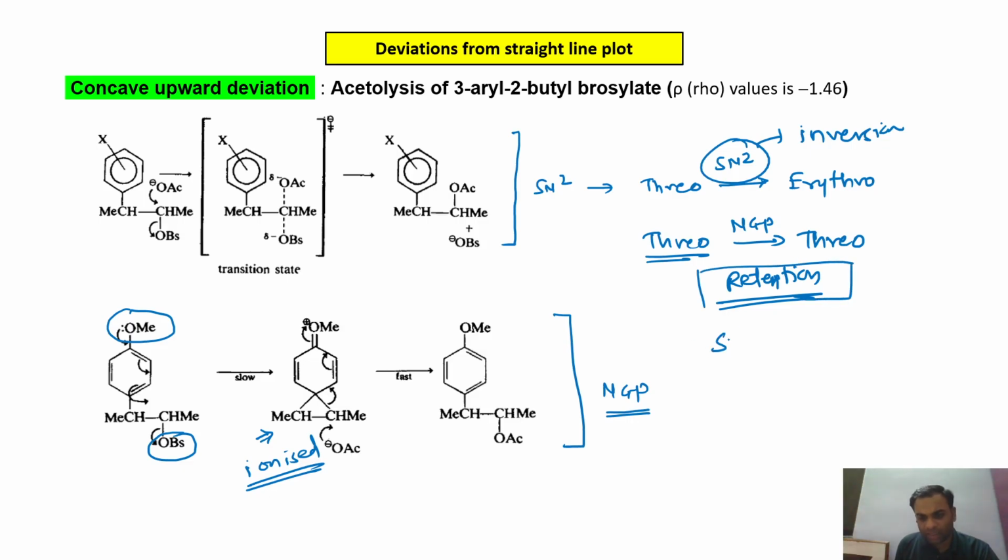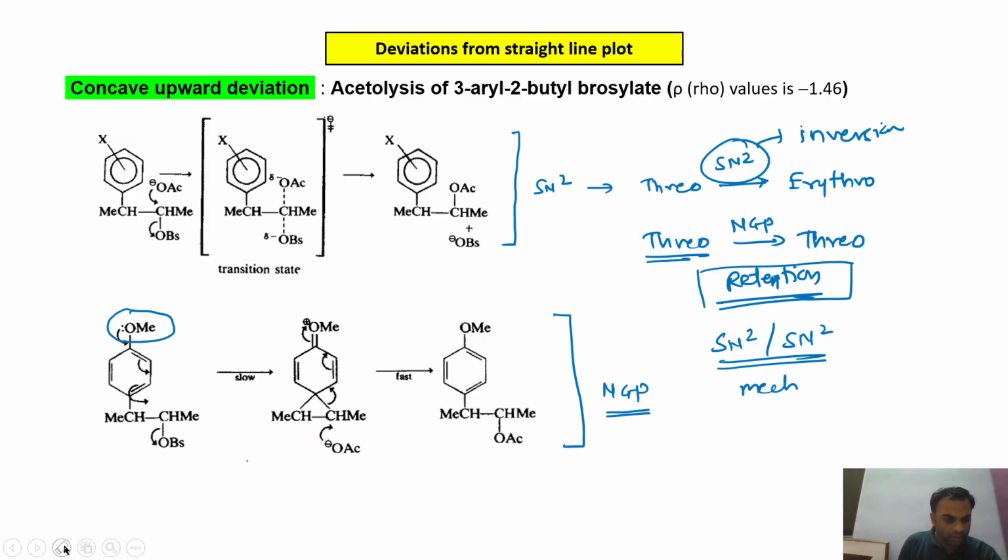Because the NGP mechanism involves two subsequent SN2 reactions. Here, this internal nucleophile approaches from the opposite side, that is, the back side.